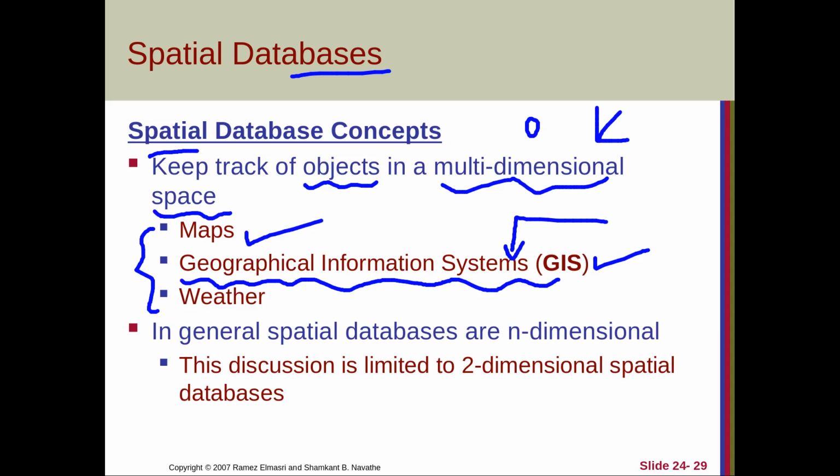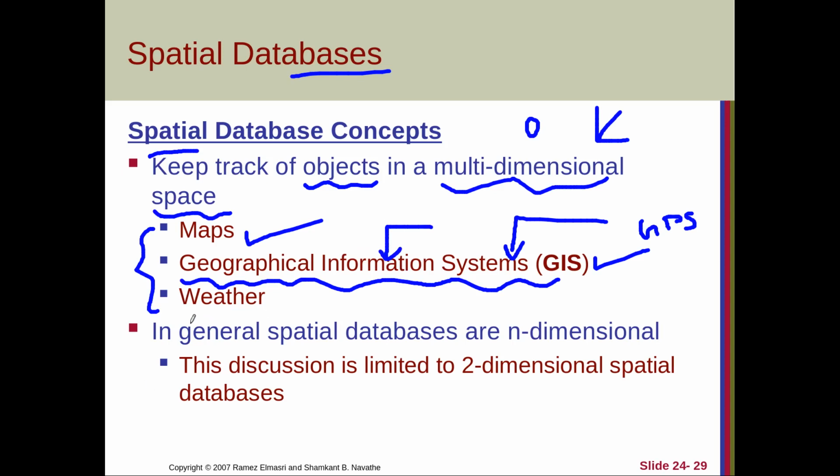If you are going to a particular destination, we use a system called GPS. GPS is an example of a geographical information system, where we follow a particular path, especially the shortest path, to reach that destination. In that situation, we require all the information related to that geographical area.